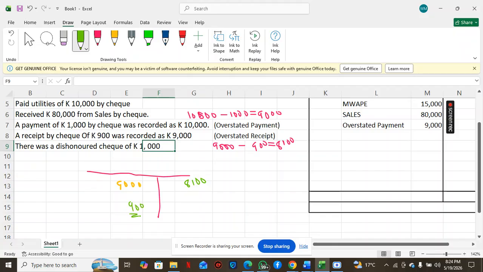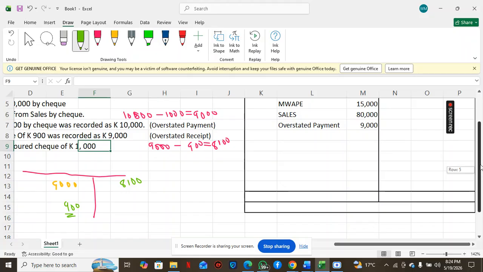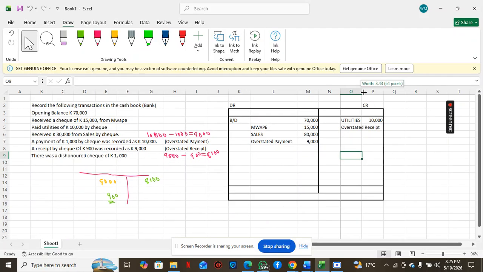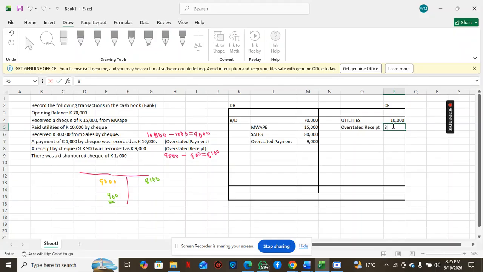If you debit this 8,100, you'd be overstating the receipt and committing the error twice. So whenever the money coming in has been overstated, you need to credit so that you correct that error. So overstated receipt, we put 8,100 kwacha.